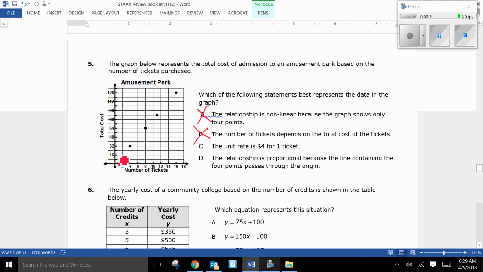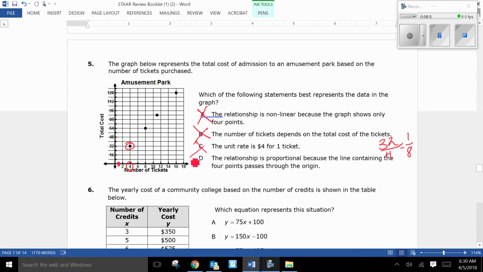And if I were to bring that up, I can actually see that that doesn't look quite accurate. 4 tickets is $32. See that? So if 4 tickets is $32, then 1 ticket would be $8. Okay, so C's not right.